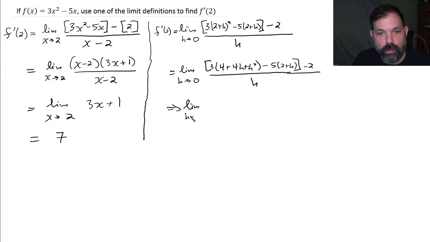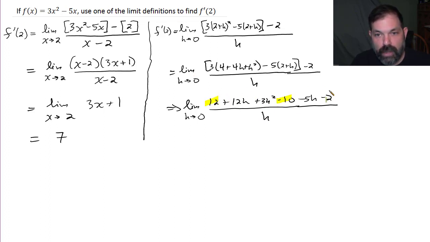This is the limit with h approaching 0 of 12 plus 12h plus 3h squared minus 10 minus 5h minus 2 over h. We combine like terms. 12 minus 10 minus 2 goes to 0. This becomes the limit with h approaching 0 of 3h squared plus 7h over h.